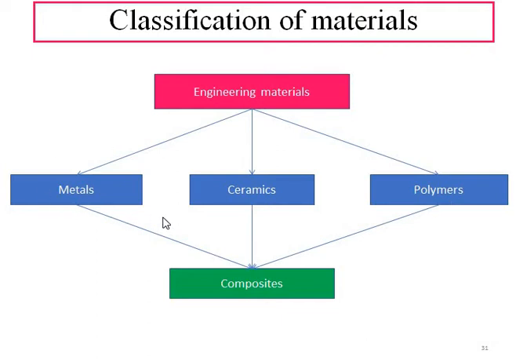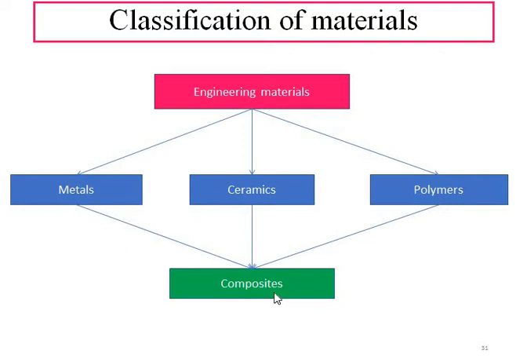These three materials were developed, or much developed, during the modern era. Other things like advanced materials were developed in the period of the contemporary era. So these three are the broad classification.